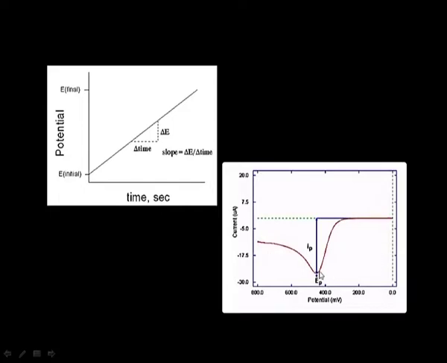The potential corresponding to the maximum current is known as EP, the peak potential, whereas the difference of current from maximum to the minimum current at the starting potential is known as IP, which is peak current.